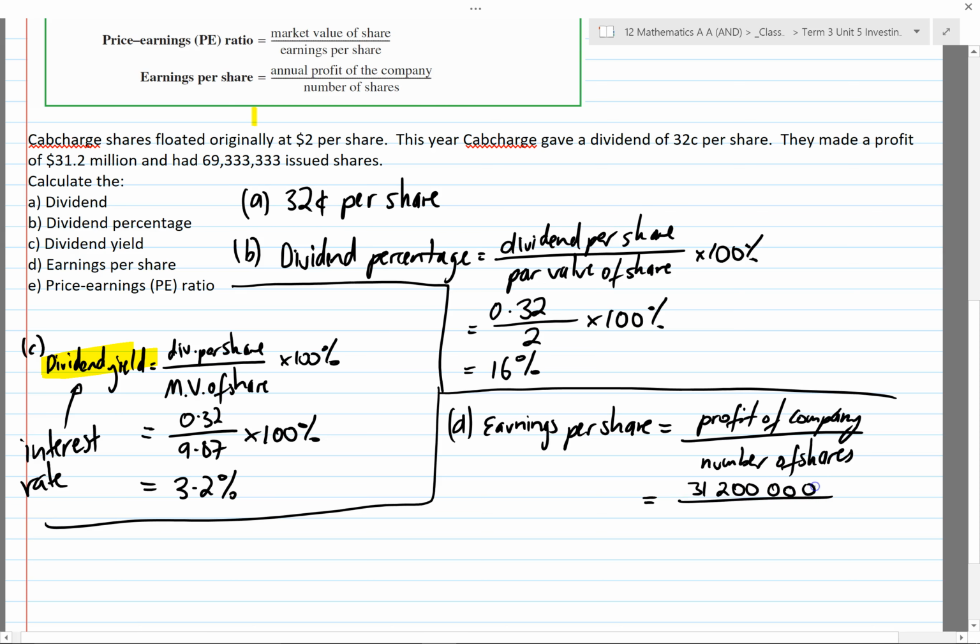This many dollars divided by their number of shares, 69,333,333. Do the division, I end up with 0.45 or 45 cents per share. You'll notice that your share of the profit was 45 cents, but they only gave 32 cents as a dividend. What happens to the other 13 cents is that the company will keep it and reinvest and do things to make more profit in the future to hopefully raise the share price.